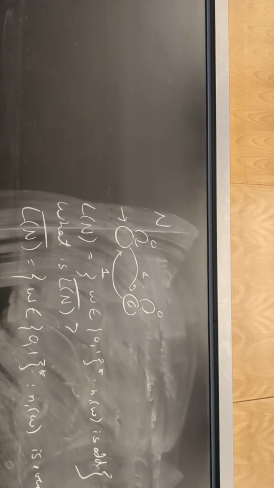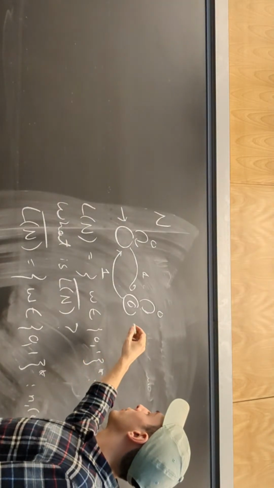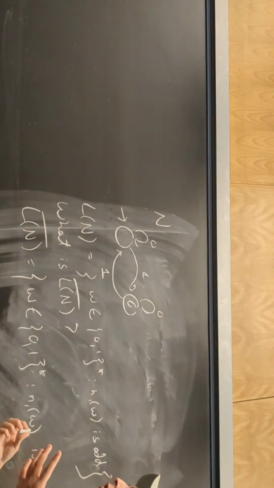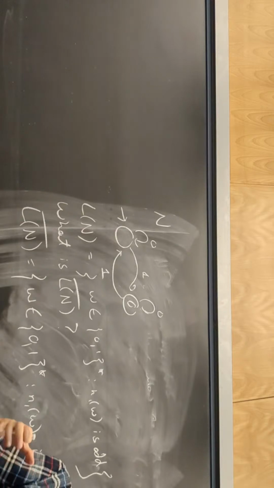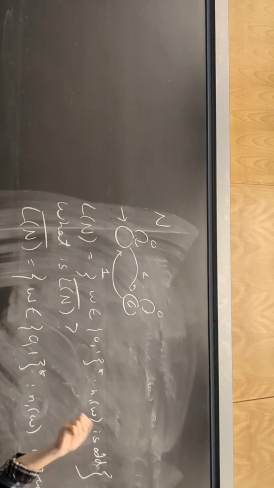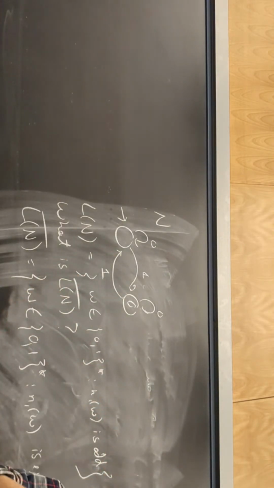The neat thing is in DFAs, because everything is deterministic, if you give any string to your DFA and it runs through its computations, it's going to end up in one and exactly one state.